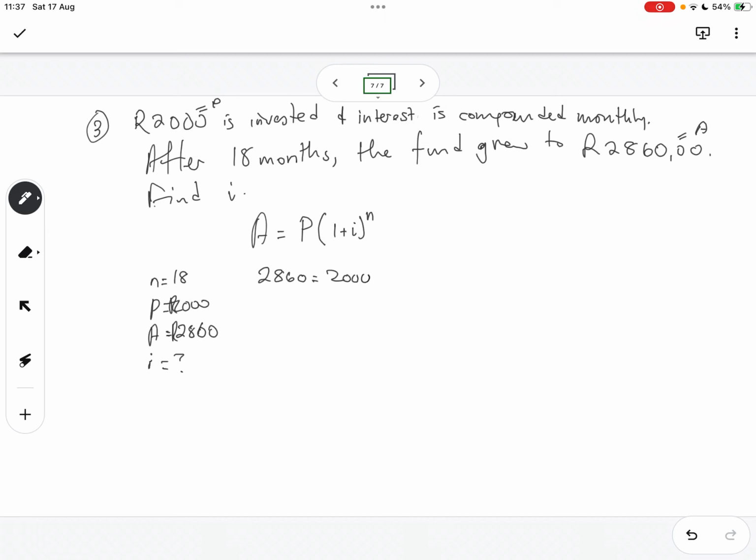Okay, let's do it the conventional way. So we'll have 2,860 equals 2,000 into 1 plus i. Remember, the interest is compounded monthly. So we must divide i by 12.